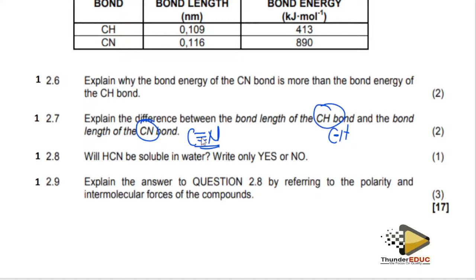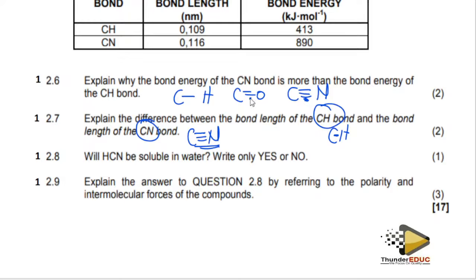Don't forget we say that the more bonds you have, the shorter it's gonna be. The fewer bonds you have between atoms, the longer it's gonna be. It means that a single bond is longer than a double bond, which is longer than a triple bond.